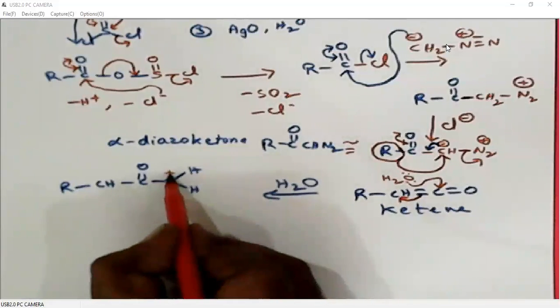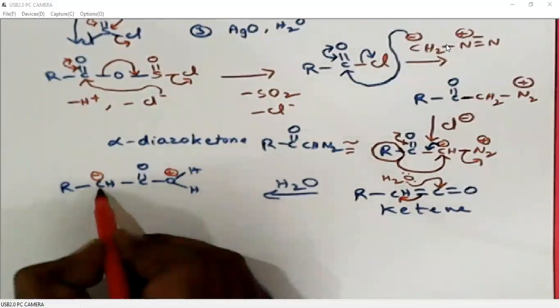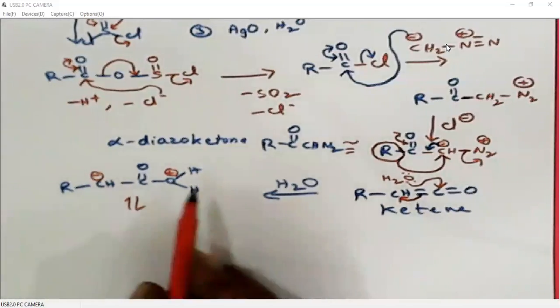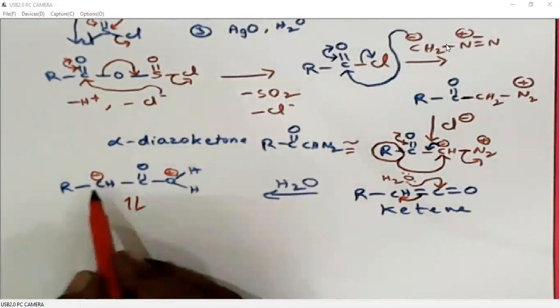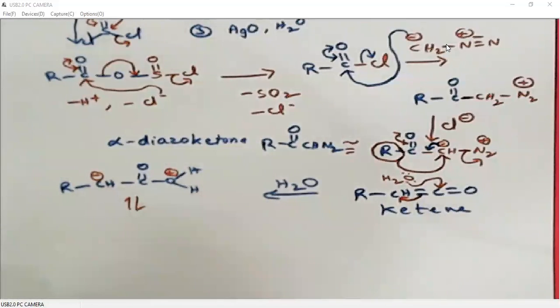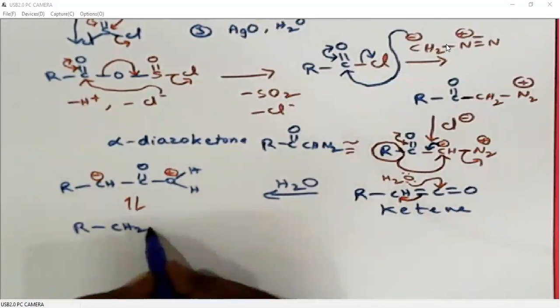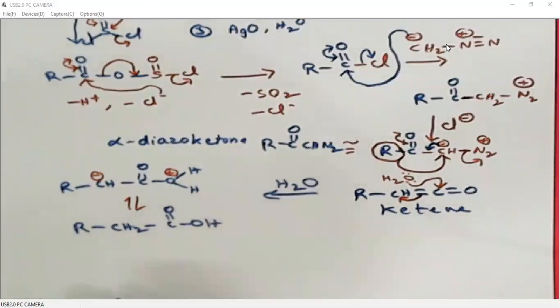Because it is donating an electron pair, it gets a positive charge. Because it is gaining electrons, it gets a negative charge. Now it will undergo a rearrangement. A proton loss from here, a proton gain on this carbon will generate the required one carbon homologation of carboxylic acid. Previously it was just RCOOH and finally we are getting RCH2COOH.